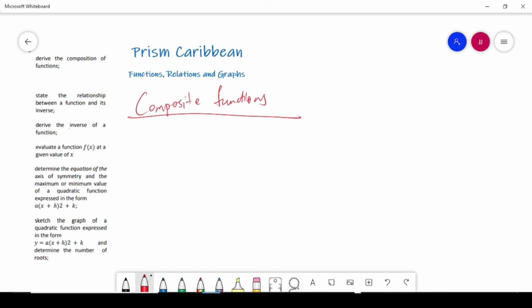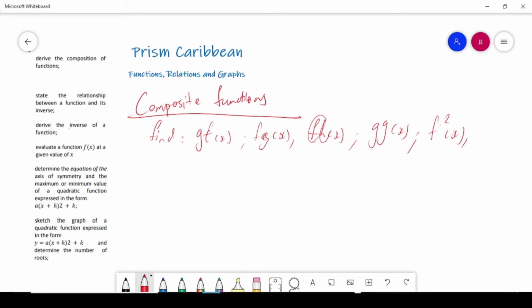So as soon as we see a question which asks to find things like g of f of x or f of g of x, or even f of h of x, g of g of x, f squared x, and once it has more than one variable in it, we know it's a composite function.